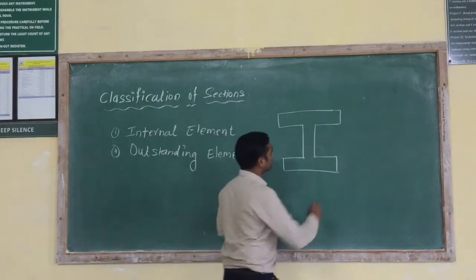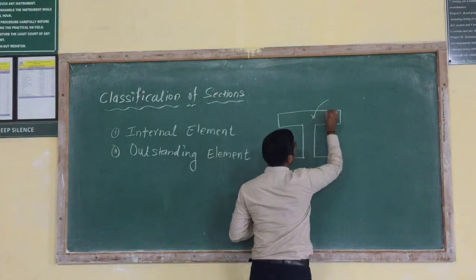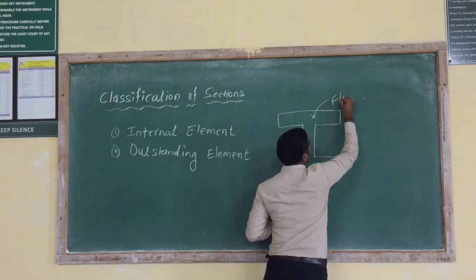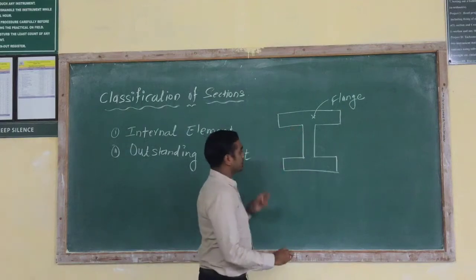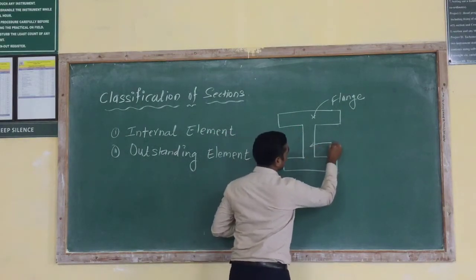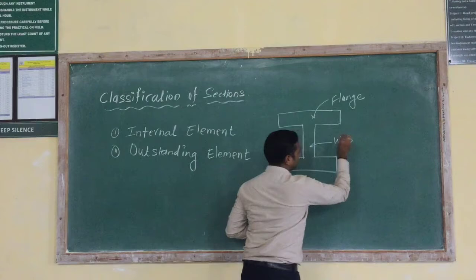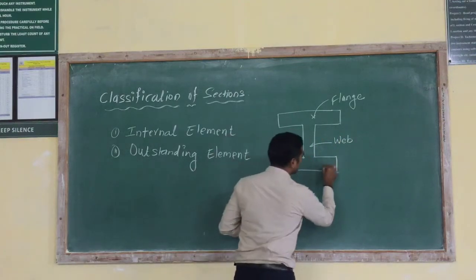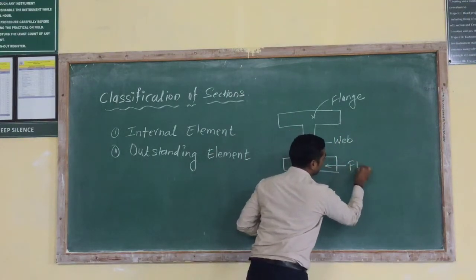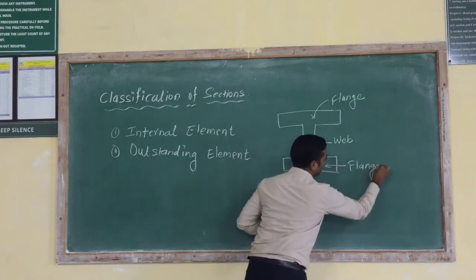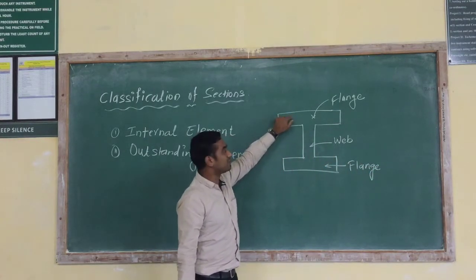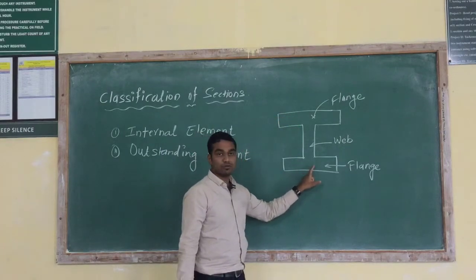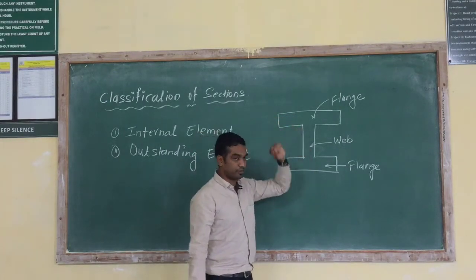See, the different parts of this I section are: this is the flange, this is the web, and again this is the flange. This top portion is called the top flange, and this is the bottom flange.